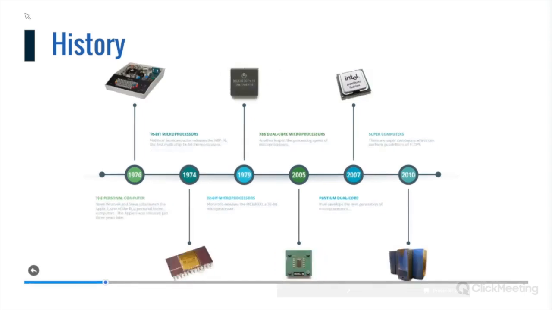And then it was another 5 years or so before we actually got into personal computers and the use of microprocessors in personal computers. And then you look at the duration between now and 1904, and you look how far we've come with supercomputers, you know, the Pentium dual core processors, the supercomputers.